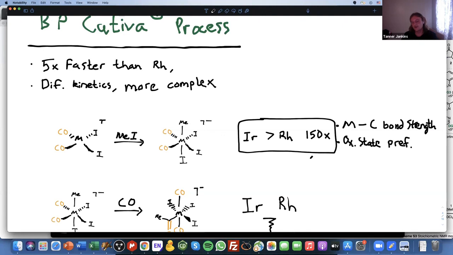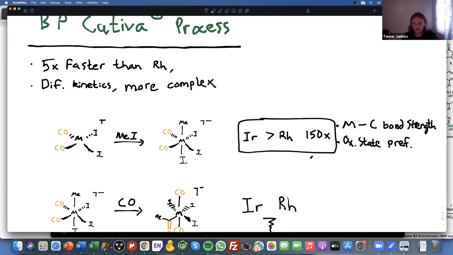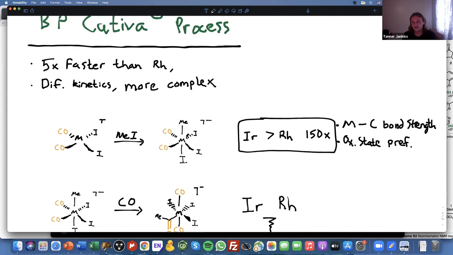Although you might be slightly puzzled, as you might expect that a lower transition metal will undergo oxidative addition faster, they attribute the faster oxidative addition of iridium compared to rhodium to the increased metal-carbon bond strength in the product. As you'll note, you are forming a metal carbon bond, which should be expected to be stronger for the third row compared to the second row.